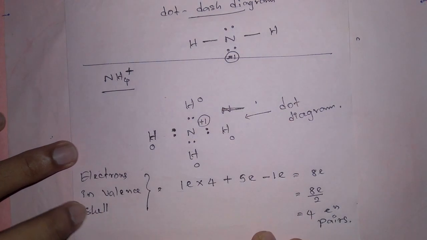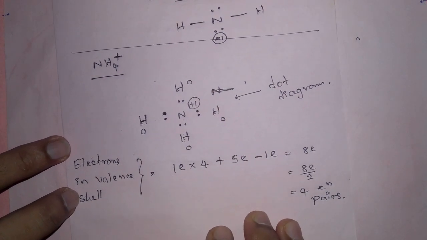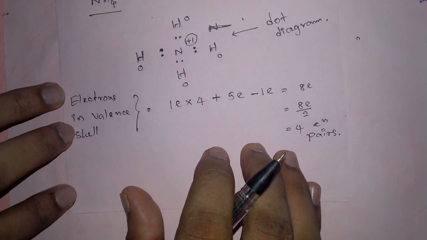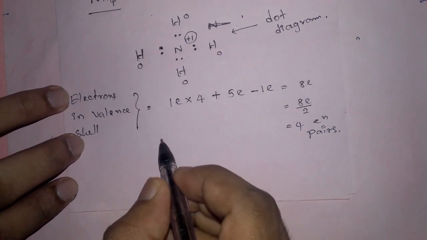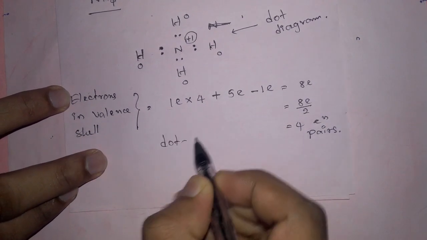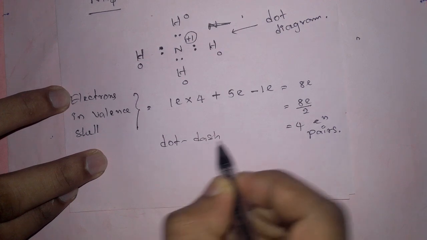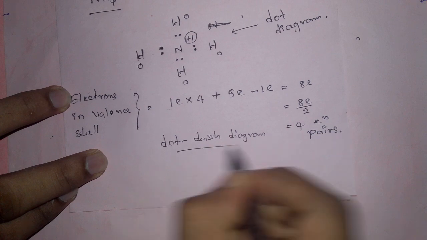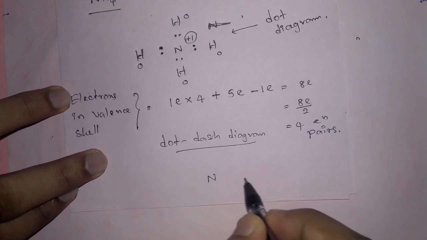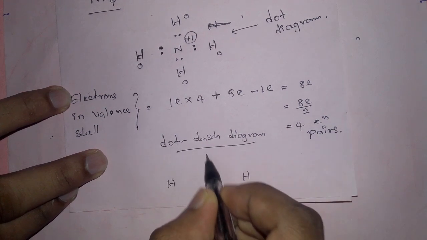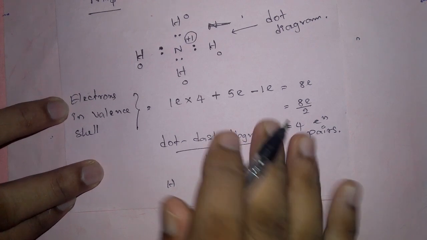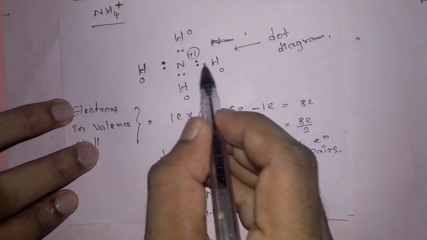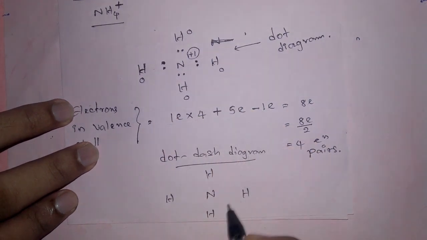Let's see how to draw the Lewis dot dash diagram of ammonium. Now you know this bond pair of electrons is indicated by using a small dash like this.